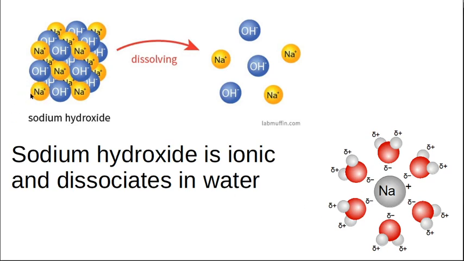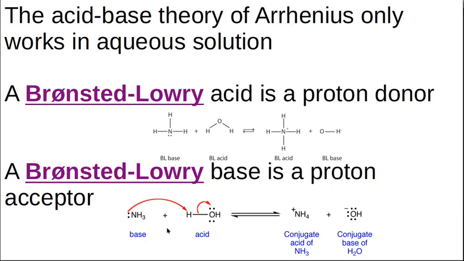So you can imagine all of the little water molecules piling up around the sodium ion and pulling it off, and then others will pile up around the hydroxide ion and pull it off, and then they just go into solution, and this is called dissociation, okay, because they were all associated and now they are not associated, they are dissociated.